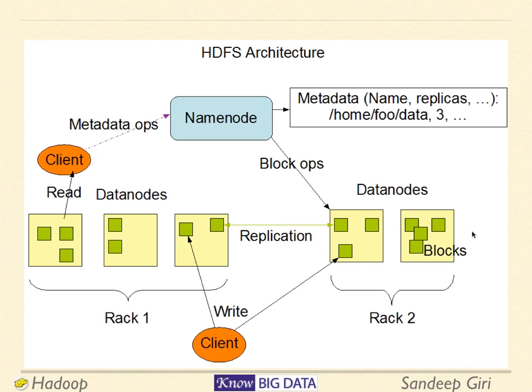Client goes to the name node, the name node tells them these are the places you should go and write, and the client directly writes to the data nodes. If the client were writing through the name node, then the name node would always be the bottleneck. So your read and write would be only as fast as the name node's read and write, or the network connection will choke.